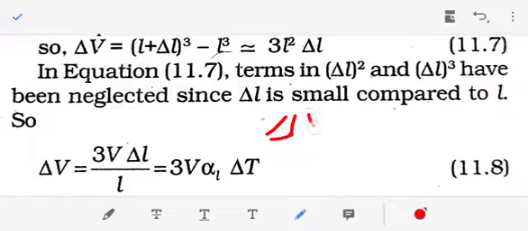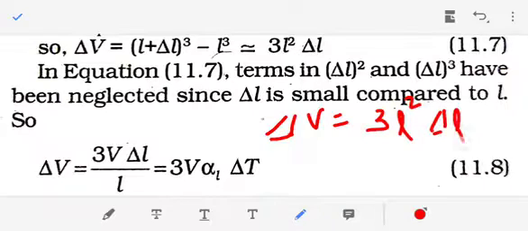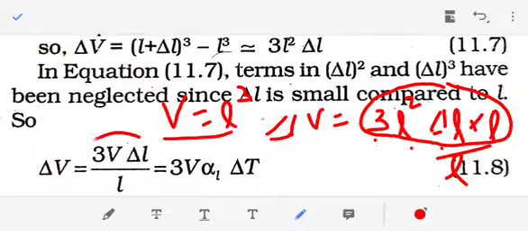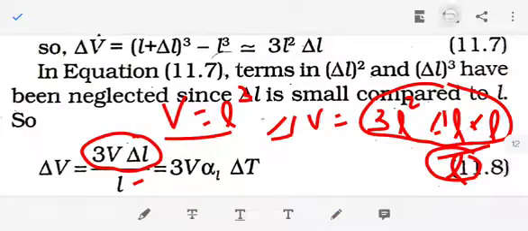Here delta V is equal to 3L square delta L. Can we multiply it by L and divide it by L? Then this value will become 3L cube delta L, and L cube is the original volume V, since V is equal to L cube. So it will become 3V delta L, and in the denominator we will have L. Correct?